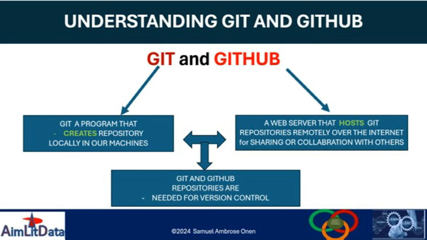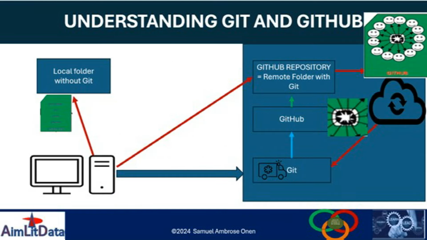Git and GitHub repositories are needed for version control. Remember, a Git repository is created locally on your machine. A GitHub repository is created from the website of GitHub. GitHub is a storage for hosting Git repositories.